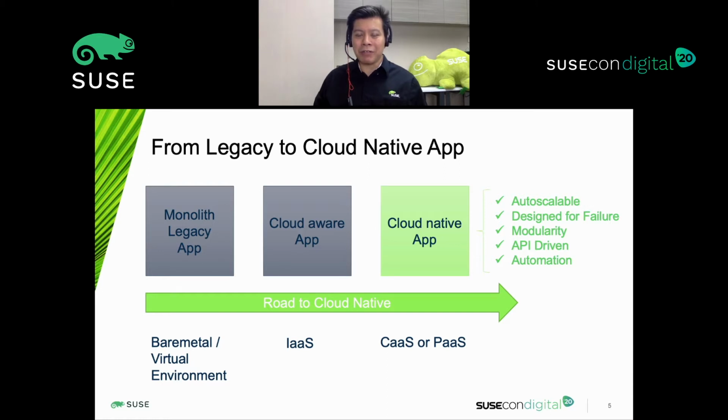So in order for the cloud native application to run effectively, it can't be simply run on IaaS platform. Modern platform need to be supporting all these cloud native applications, such as the CaaS platform or the PaaS.